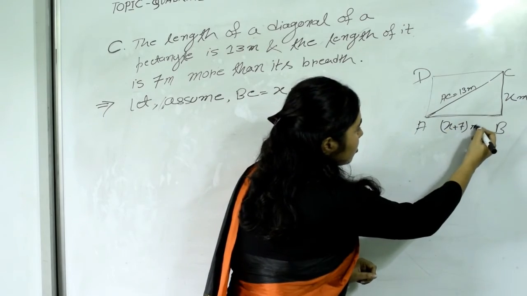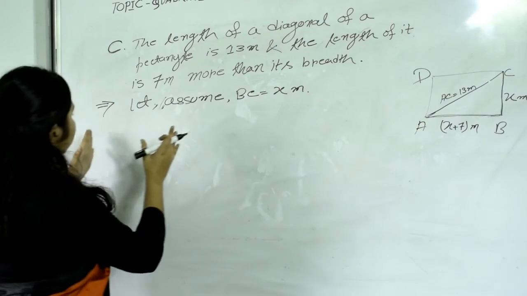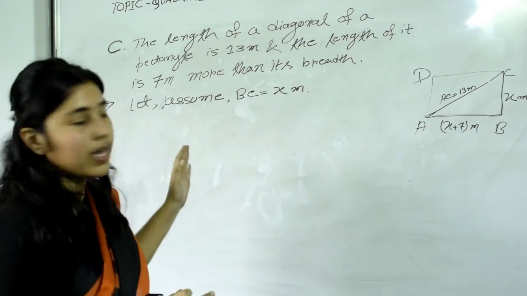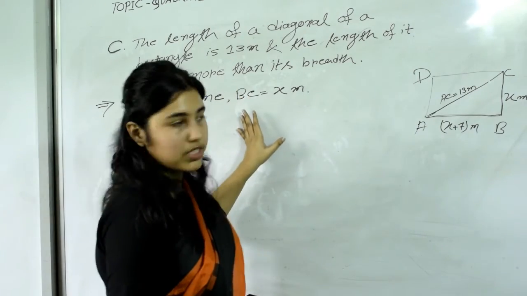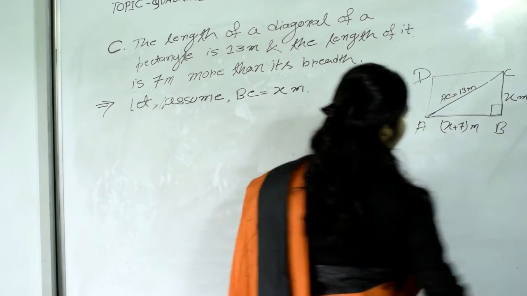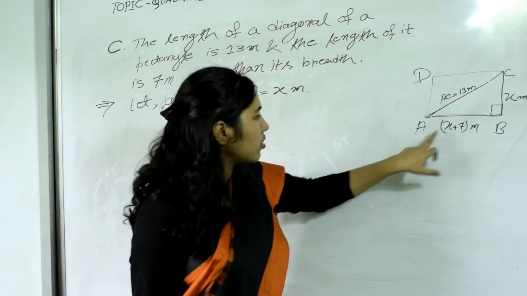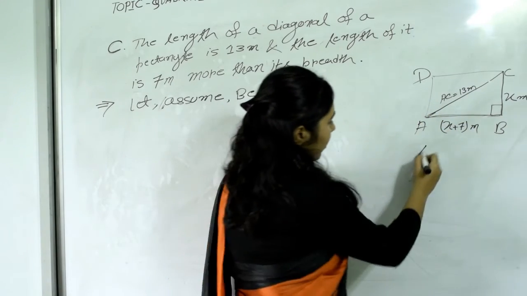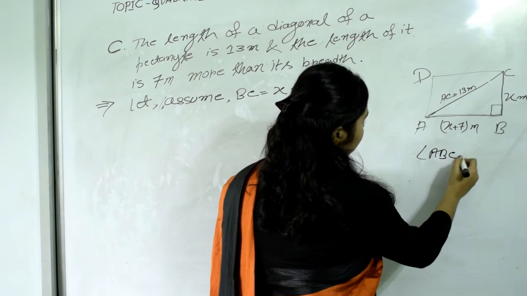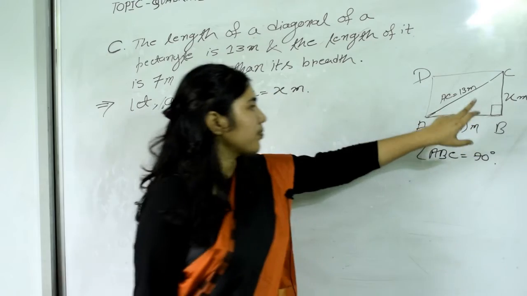So this is x plus 7 meter. Now from this problem we have to form a quadratic equation. So we know that this angle is 90 degree because ABCD is a rectangle. So the angle ABC is a right angle, which means 90 degree.